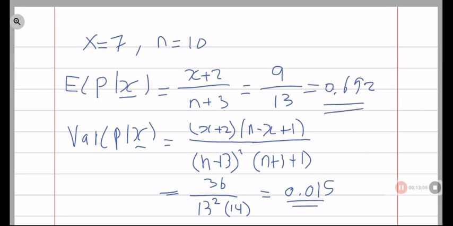We can now compare the posterior mean and posterior variance with the prior mean and prior variance. So we can find the prior mean as E of p, which, as we know, is the integral from 0 to 1 of p times f of p, or pi of p.